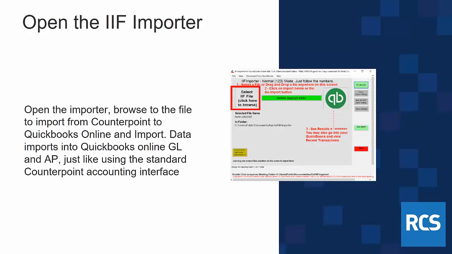You will click the button on the left that says select the IIF file, and it will take you to a File Explorer, basically, where you find the file that you want to send into QuickBooks Online and select it. And when you do that, you'll see a little progress bar in the importer showing you the file going into QuickBooks Online and letting you know when it's complete. So a really quick and easy process.